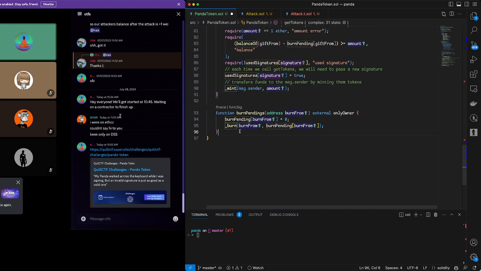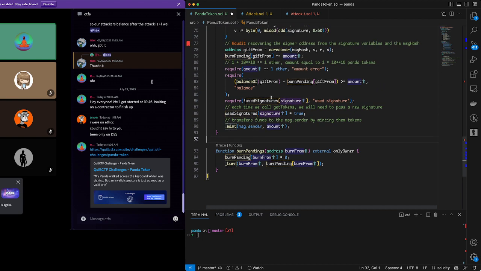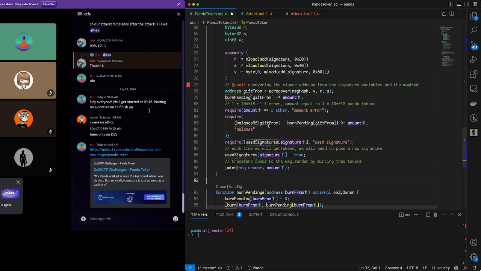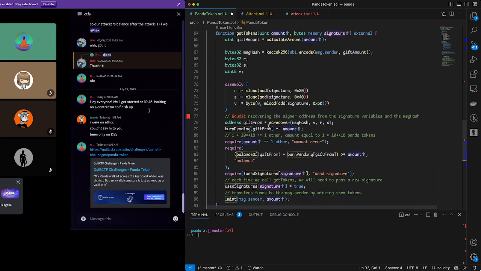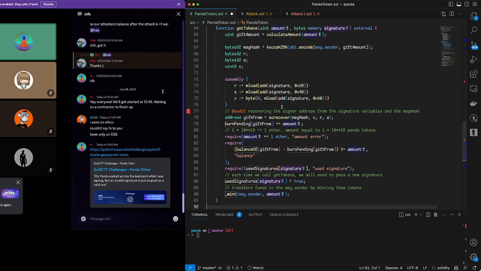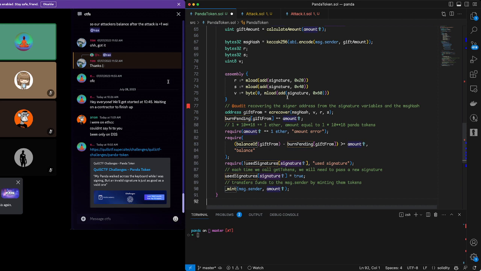But that probably isn't immediately applicable to us because really what we care about is just being able to extract funds. So as of right now, going through this, we know that we need to be able to form a signature that will be able to extract funds from an account that has funds pending to be sent.